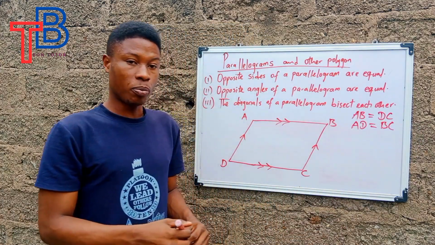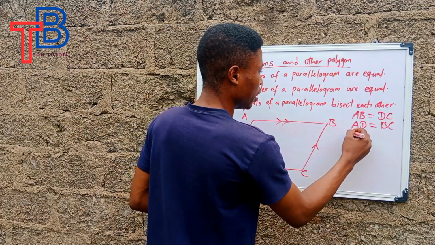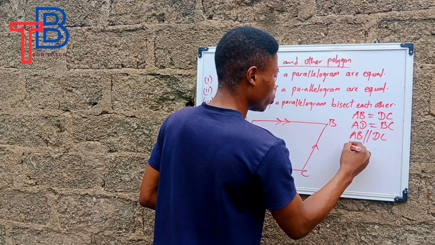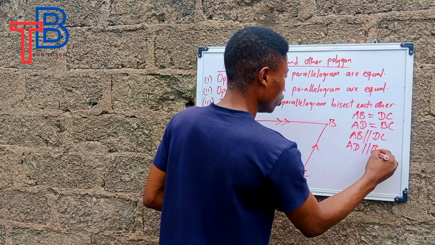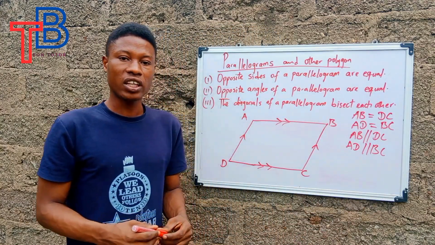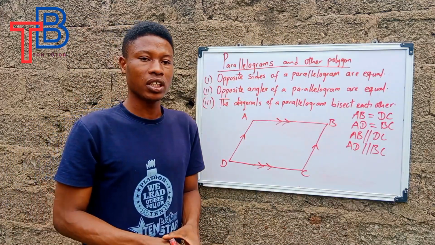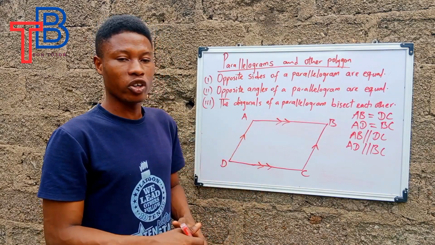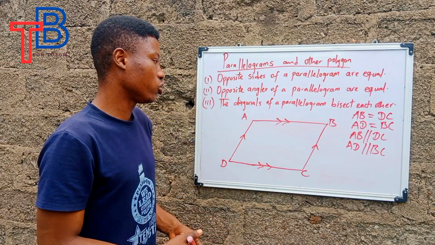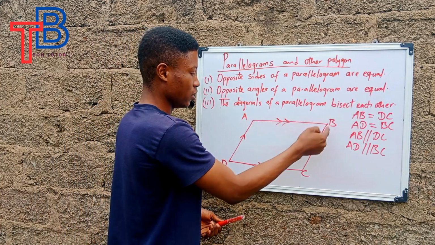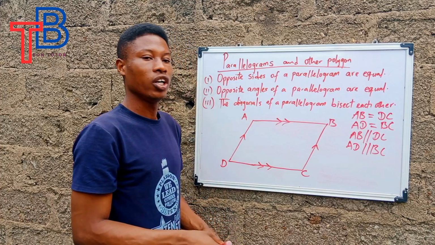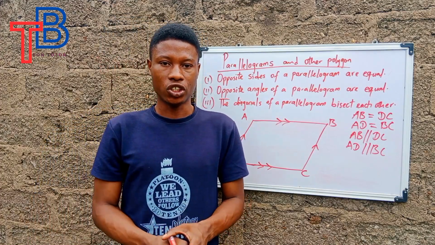We know that AB is parallel to DC and also AD is parallel to BC, but it is not that they will be parallel alone, they will also be equal to each other. And based on this figure, you can see that this line will be equal to this line as long as this line and this line are also equal to each other.